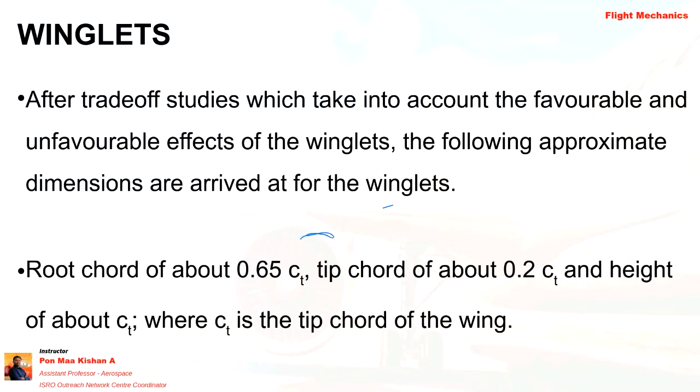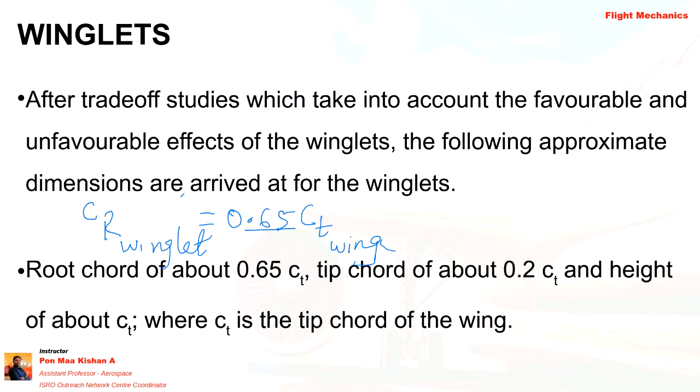So once again I am writing clearly. Chord of root winglet has to be equal to 0.65 of the tip chord of the wing.